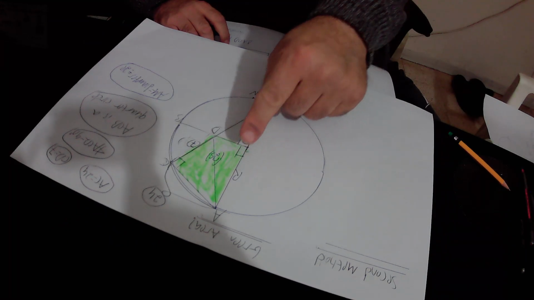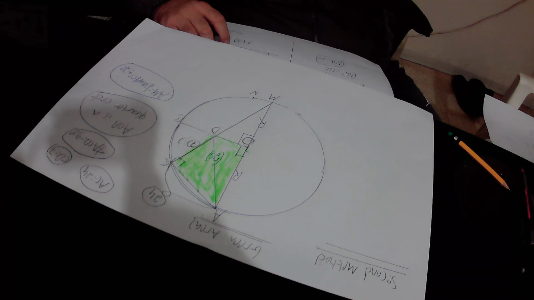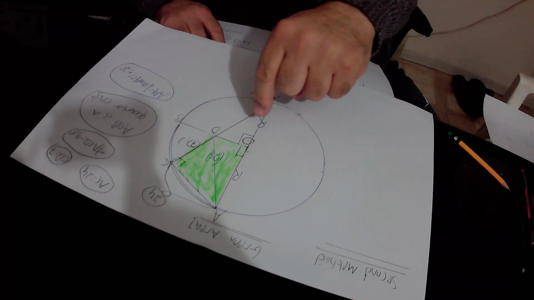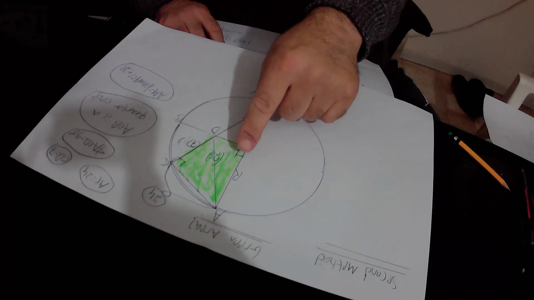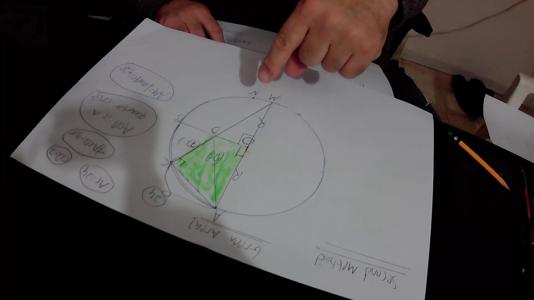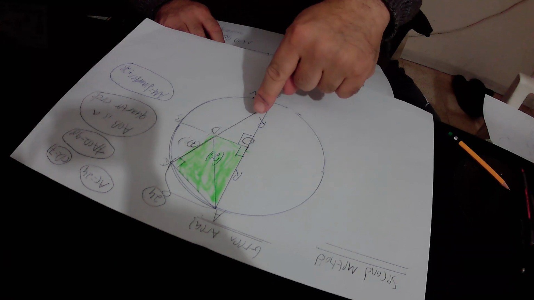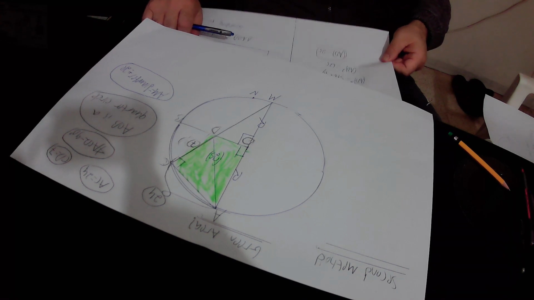Those two sides and the angle between them in the green triangle are correspondingly congruent to those two sides and the angle between them in the white triangle. Therefore, those two triangles are congruent to each other according to the side-angle-side rule.